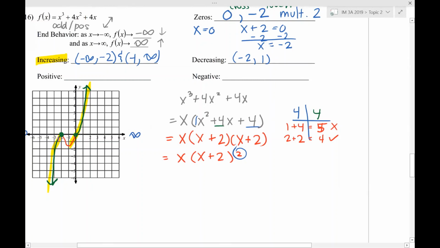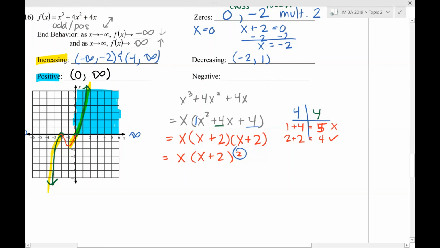I'm going to erase that just because it's kind of dark. Now we're looking at positive, negative. If I look at where my graph is positive, it's above the x-axis over here, and that's it. So my graph is positive from 0 to infinity.